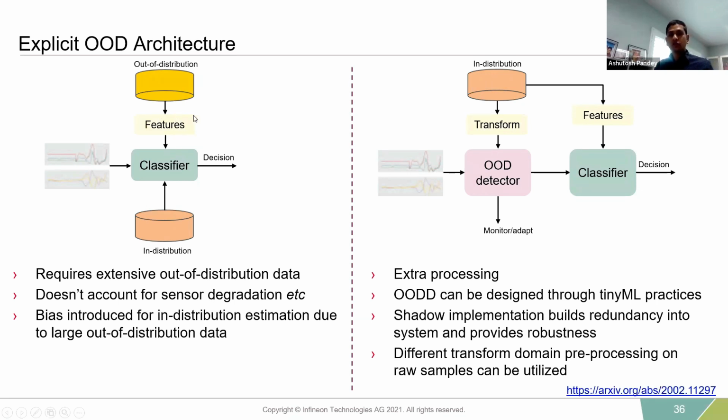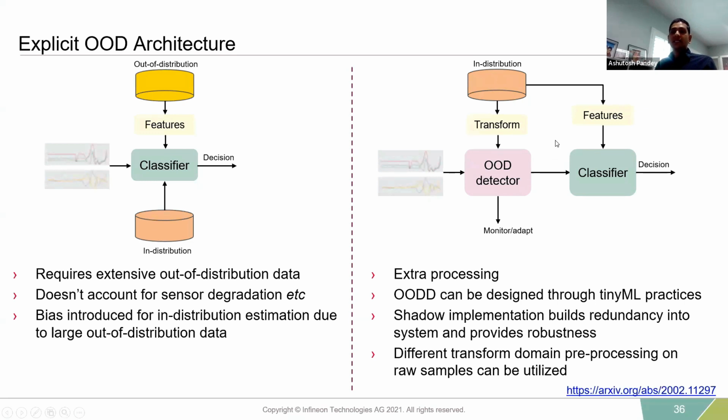This is used quite a bit, and it's a good method, it works. However, because we need a plethora of this out of distribution data, which is not always easy to get, it can create a bias, and it doesn't account for things that may happen in the field.